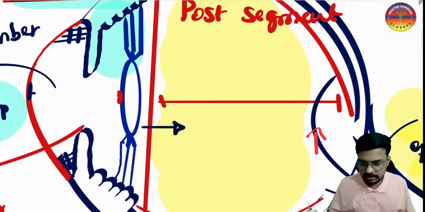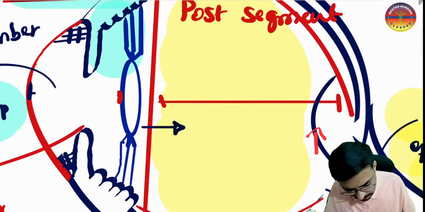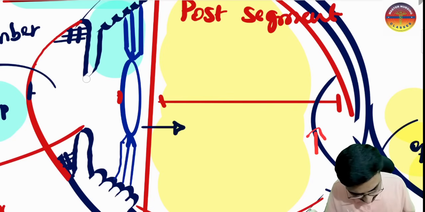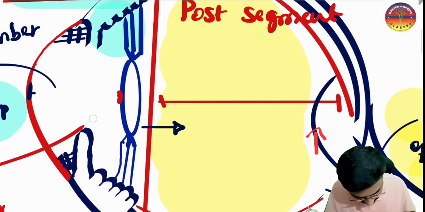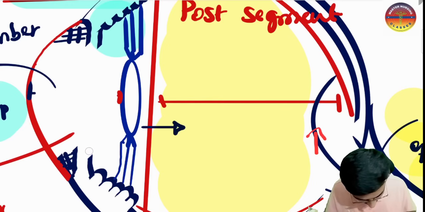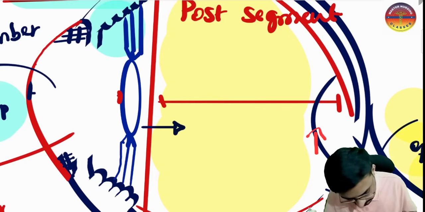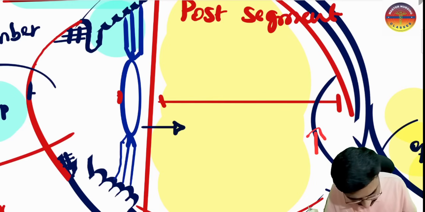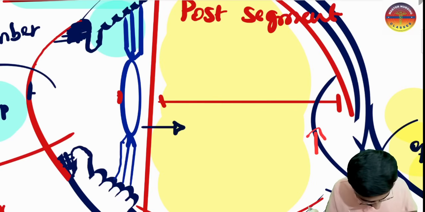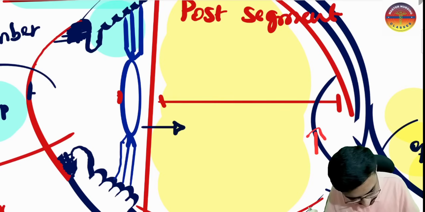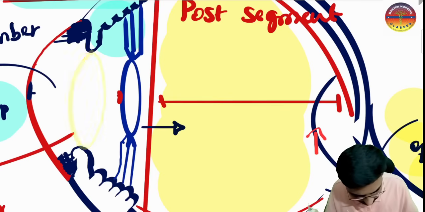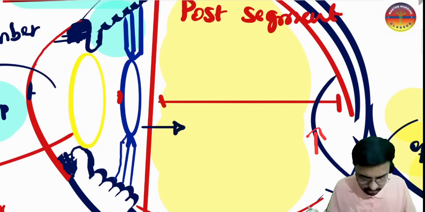Here this particular pupil is completely dilated, which means this particular iris is completely constricted. So the iris which we have here is completely constricted, which is blocking this particular angle. Constricted iris means the gap in the middle, this one is the pupil, is dilated.